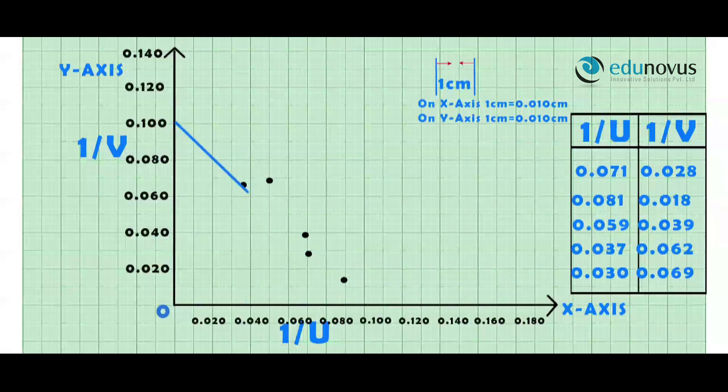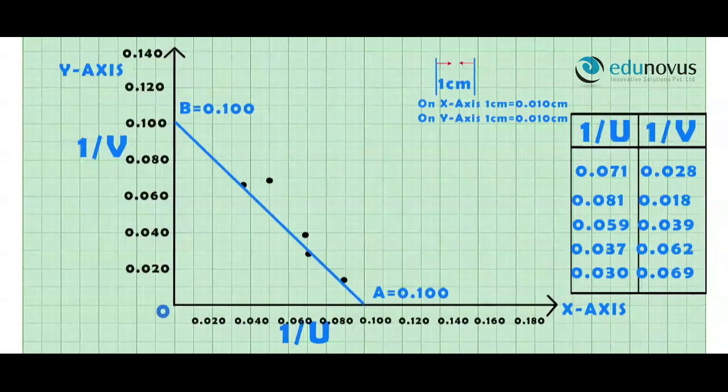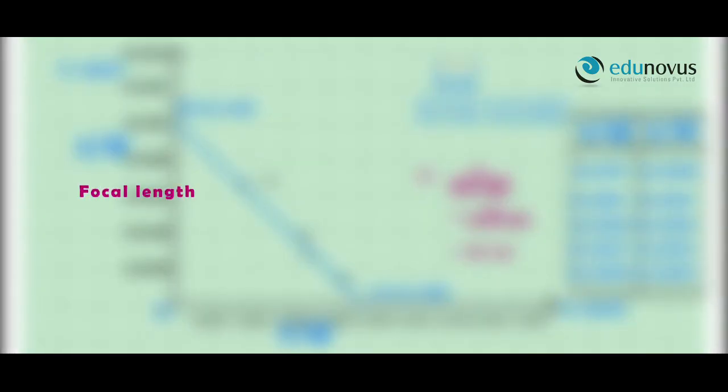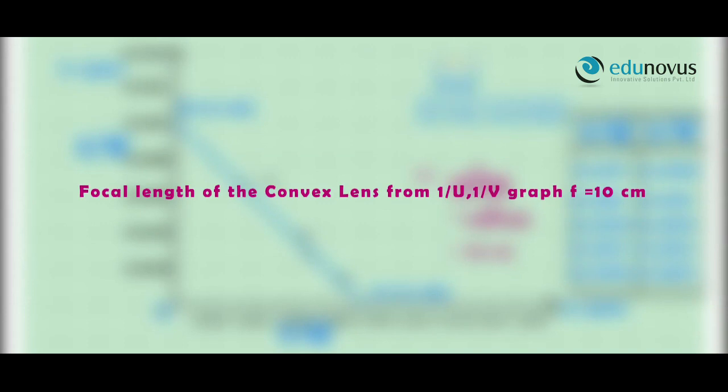The graph comes out to be a straight line cutting the axes at A and B. Therefore, f is equal to 2 divided by (OA plus OB), which is 2 divided by (0.100 plus 0.100). Therefore, f is equal to 10 centimeters. Focal length of the convex lens from the 1 by u versus 1 by v graph is 10 centimeters.